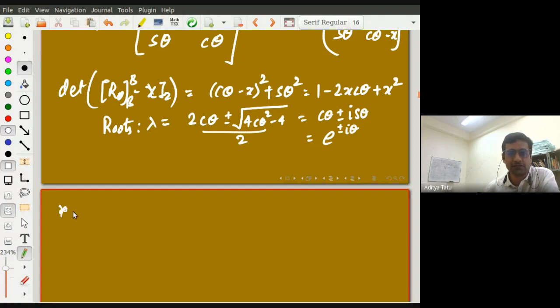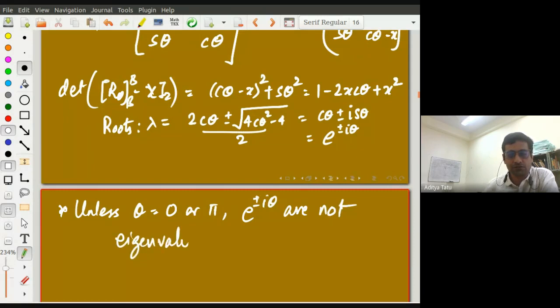Okay, so this is the important example. Unless theta is 0 or pi, e to the power plus or minus i theta are not eigenvalues of r theta considered as a linear operator on R2.